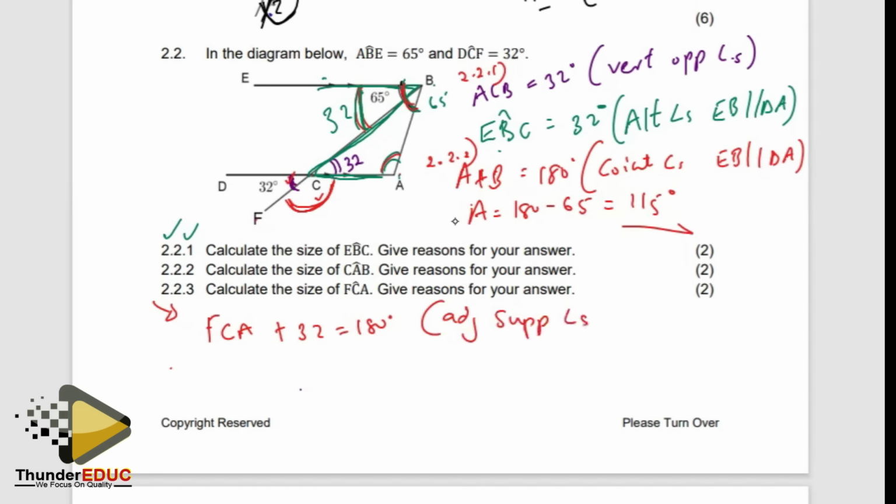Okay, this is so perfect. Angles that are next to each other must add up to 180. Then FCA is going to be 180 minus 32, which is 148 degrees. So that's how we get 2.2 done.